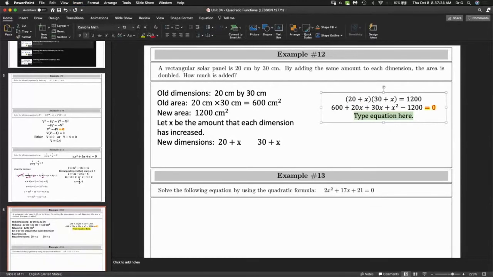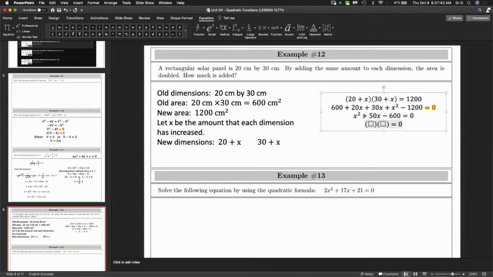So now we're in a good place, because you have a quadratic equation. You have x squared plus 50x minus 600 equals 0.